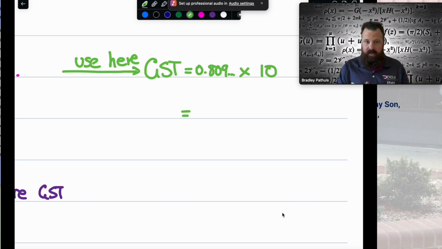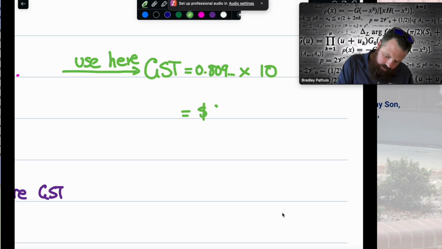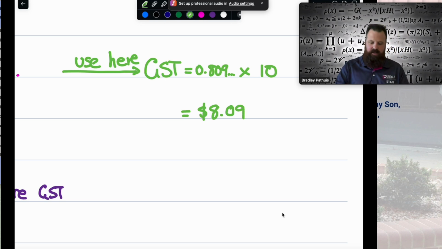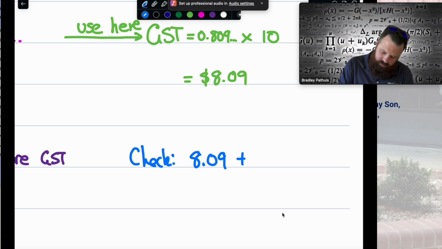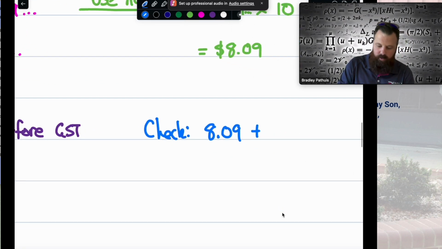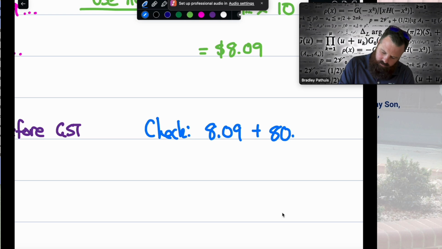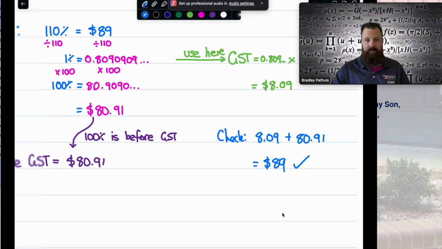Get that back on my calculator, and when I round it, I end up with $8.09. And then to check, did I do my maths right? 8.09 plus the 80.91 equals $89. So we've done our maths right.